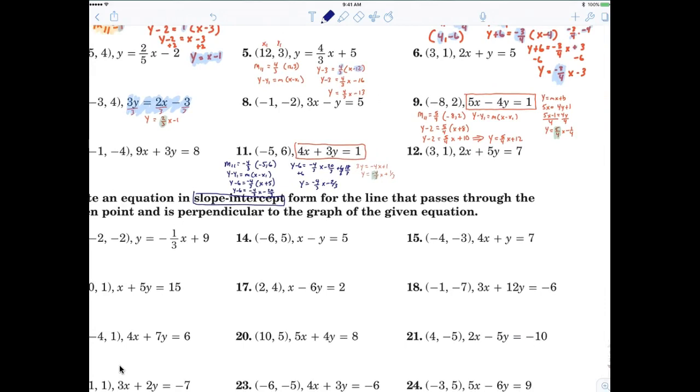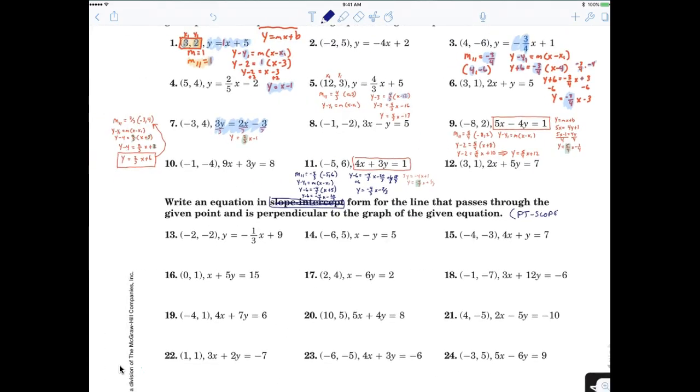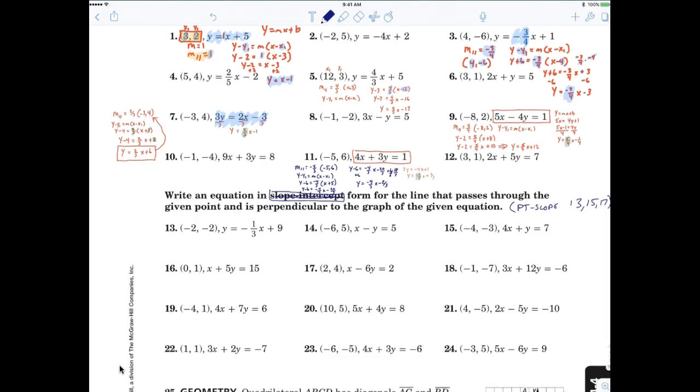Instead of slope-intercept, write the equation in point-slope form for questions 13, 15, and 17. Then we're going to go to standard form for 19, 21, and 23. We'll talk about that when we get there. Point-slope is definitely easier, so here we go.